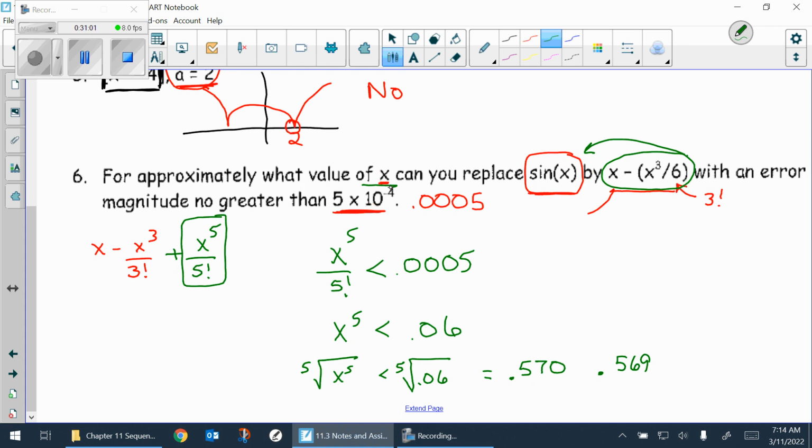I can replace x with any value in between negative 0.570 and positive 0.570, as long as I use x's in this interval, this approximation is going to stay at least this close to the sine of x.